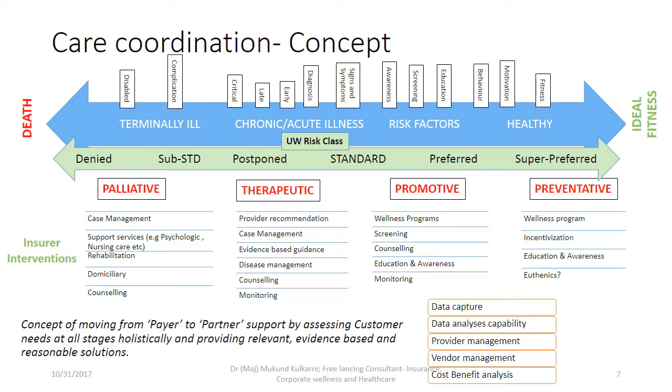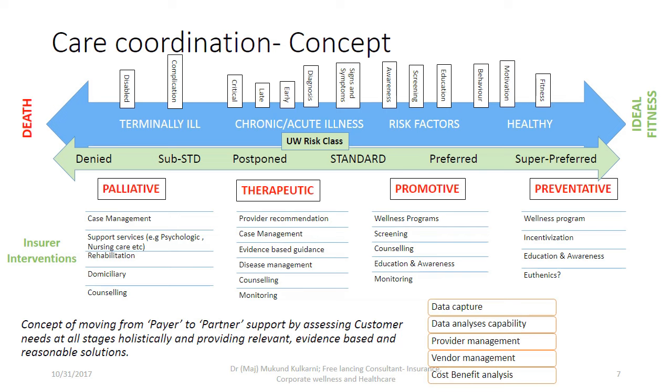And for people who have an early illness or an acute illness, where the risk is postponed when it is known at the time of proposal, but once the person is on board and does suffer from acute illnesses, if the illnesses are minor, then it may not be really impactful. But if the illness is a little major, I think it's time for the insurance company to get into engaging with the customers in the form of provider recommendations.